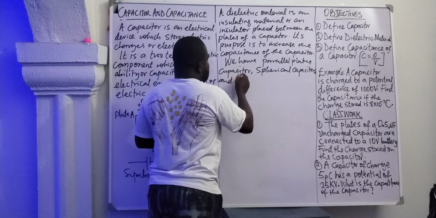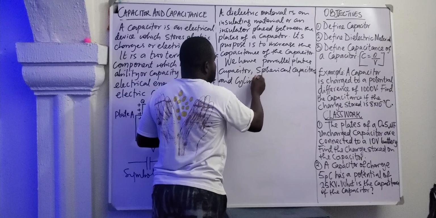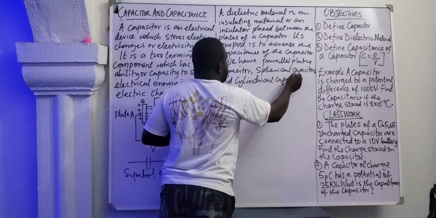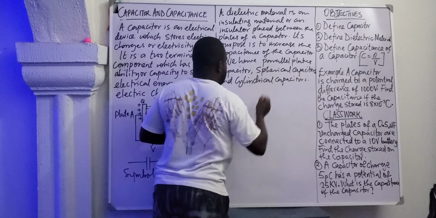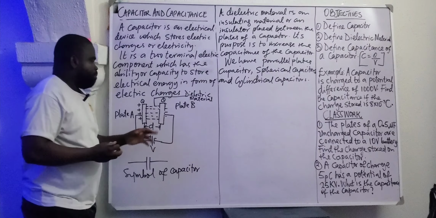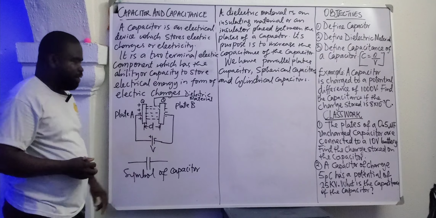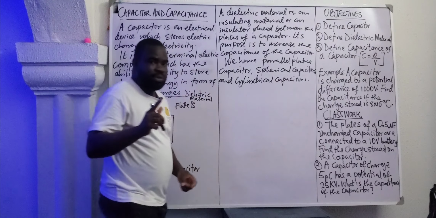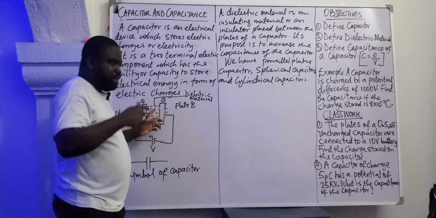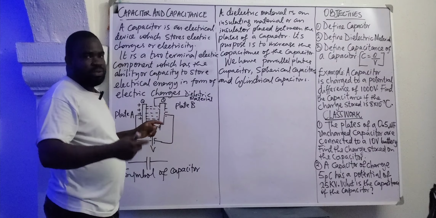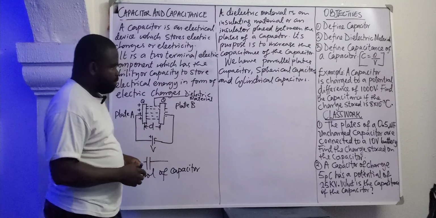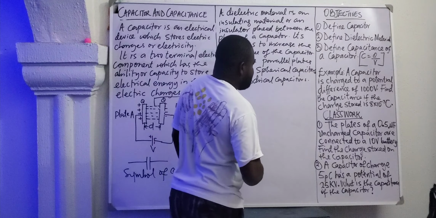And cylindrical capacitors, if the metallic conductors are cylindrical in shape. Mind you, I said we will talk about naming the capacitor depending on the type of dielectric material in the next class.